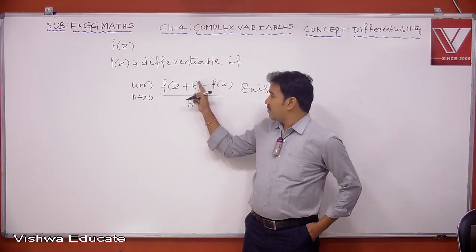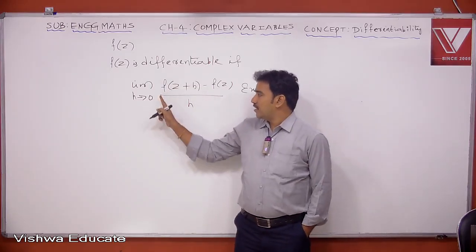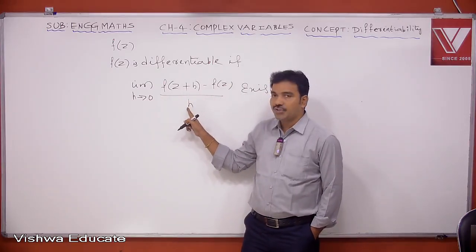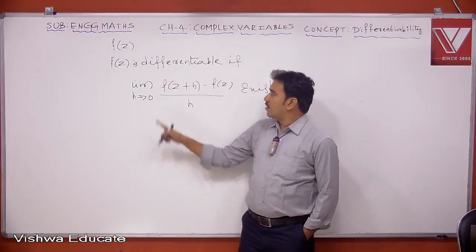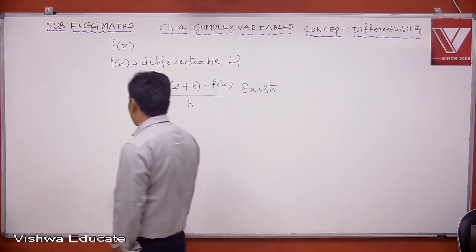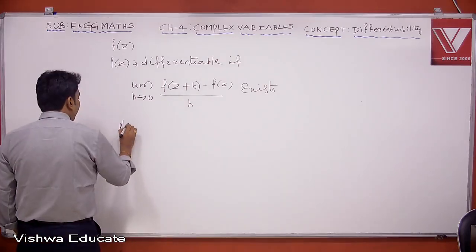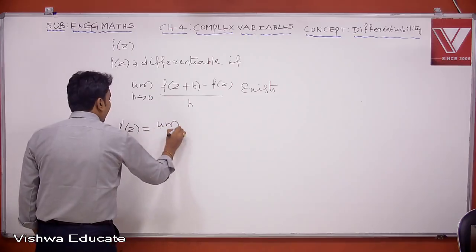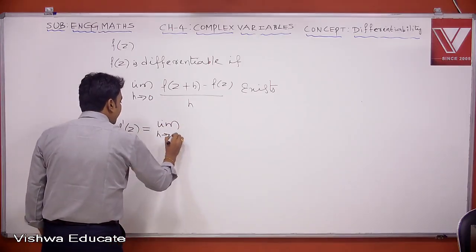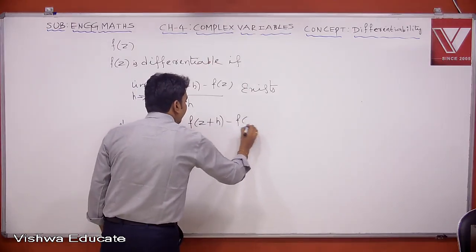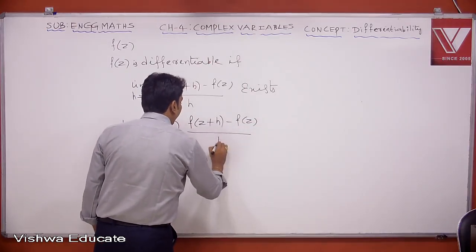See, whenever this limit is a finite value, that is limit h tends to 0, f of z plus h minus f of z by h, if it exists, then we say that f of z is differentiable, and in this case this limit is denoted by f dash of z. So what is this limit? This is given by limit h tends to 0, f of z plus h minus f of z divided by h.